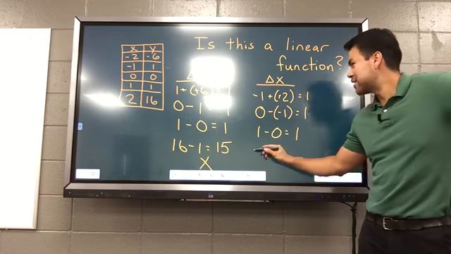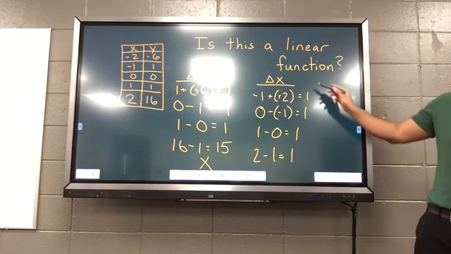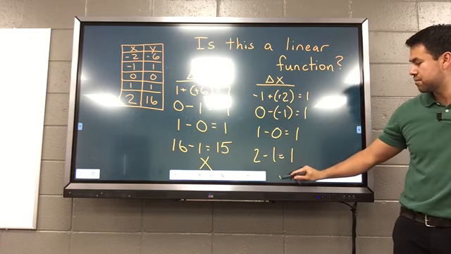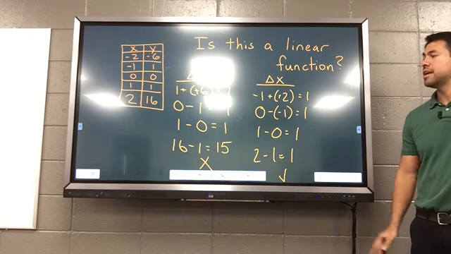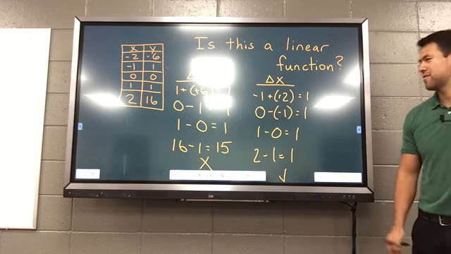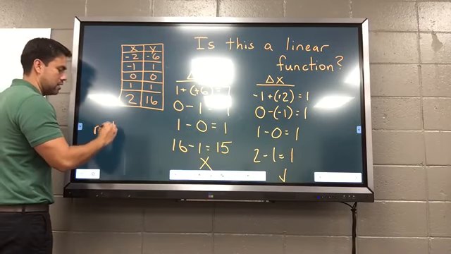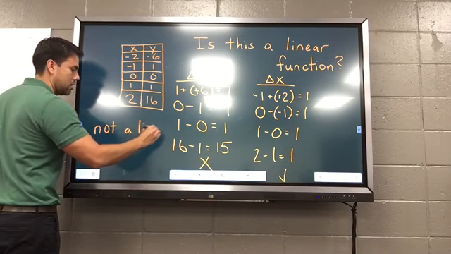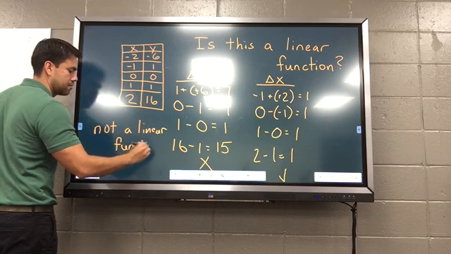Then I'll try 2 minus 1. 1. Do I have a constant rate of change for the x? Yes. So I put a check. That means it has a constant rate of change. Is this a linear function? No. So your final answer would be not a linear function.